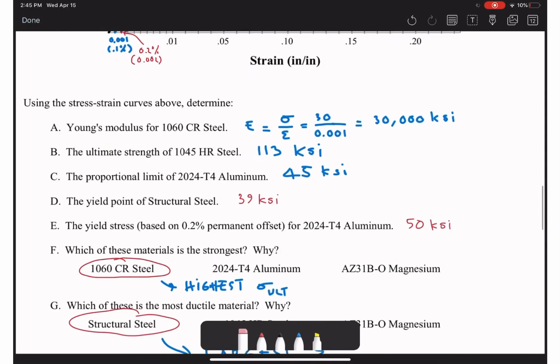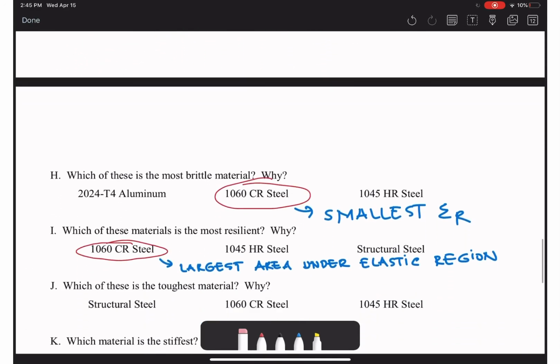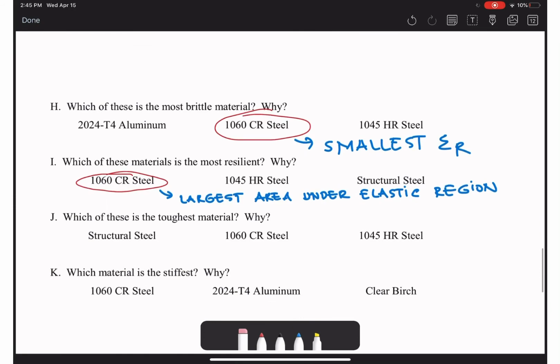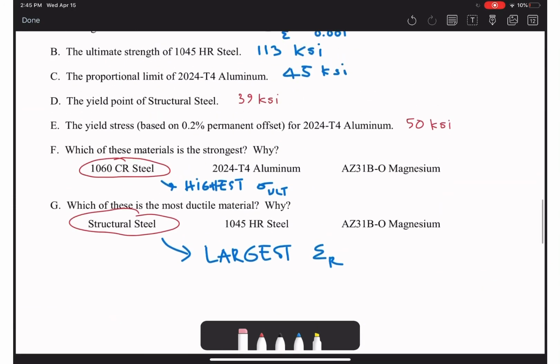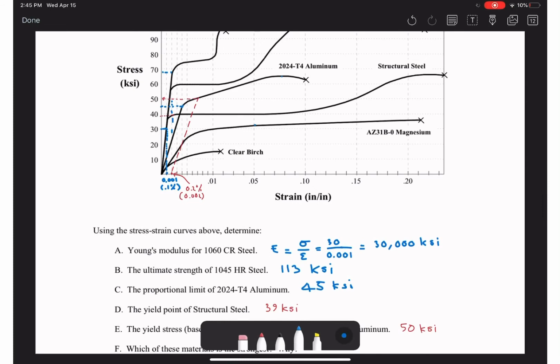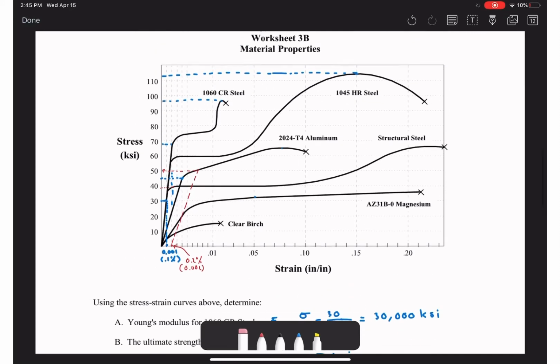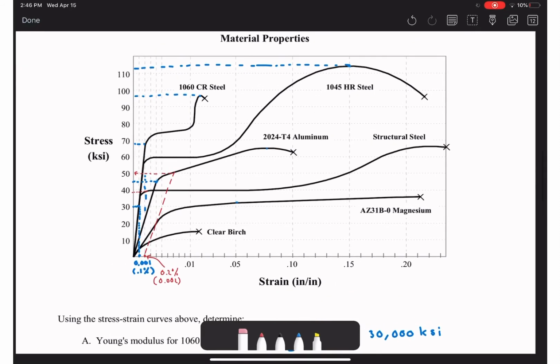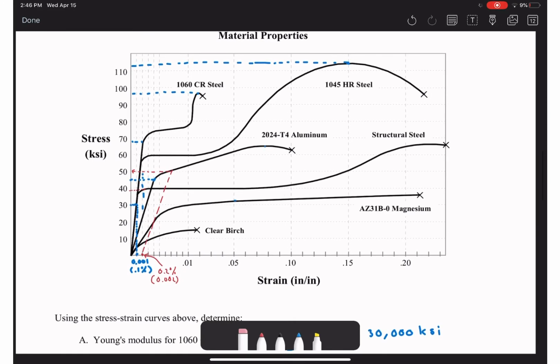And then the next one is structural steel. It's also big, the area under that black line and that portion. But comparing all three, you can see the area under the 1045 HR steel is the largest in here.